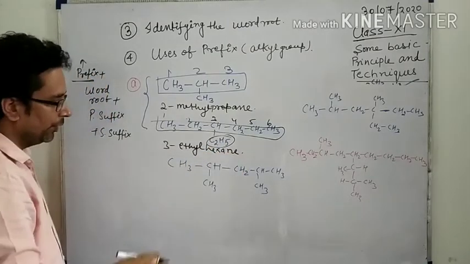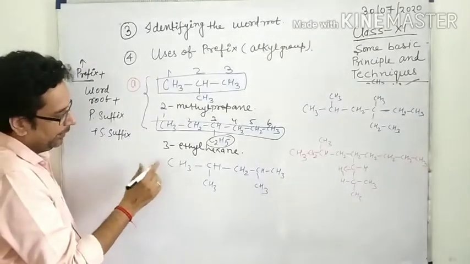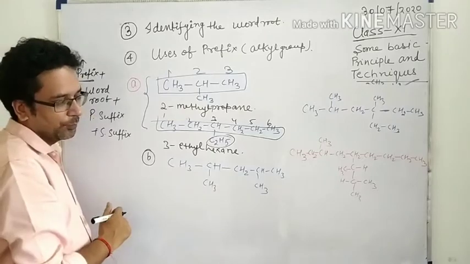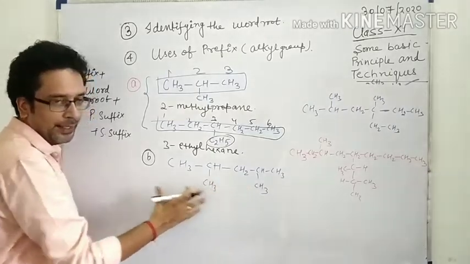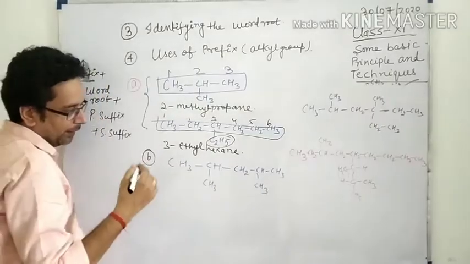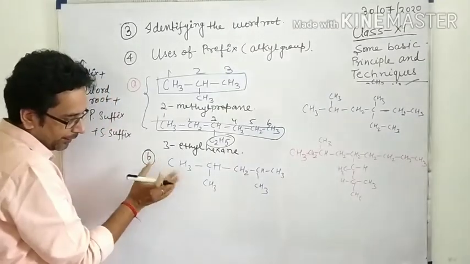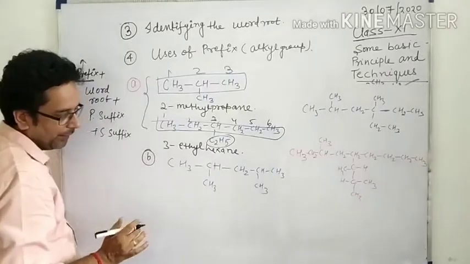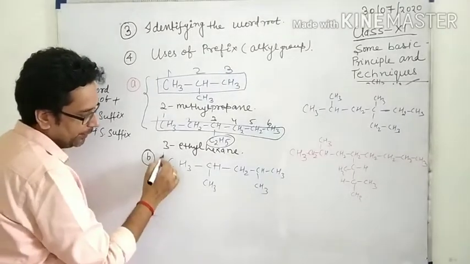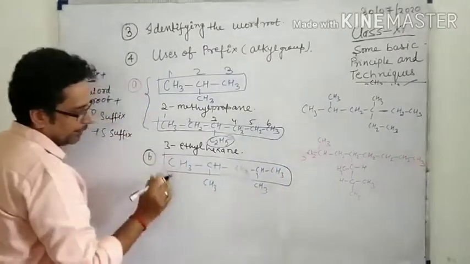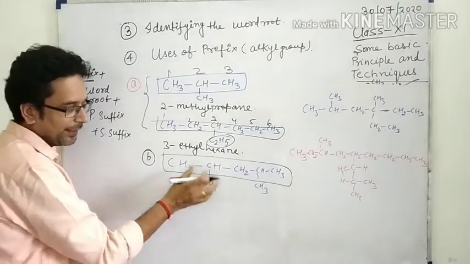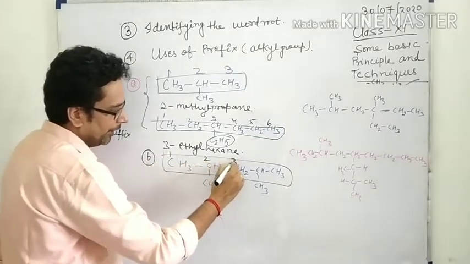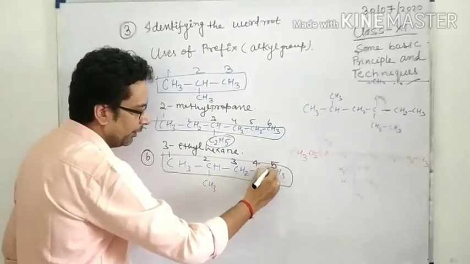Okay, now look here, in this second example there are two similar alkyl groups. If you give the numbering from the left side or the right side, you find that the substituents occur at the same positions. This is the longest chain, and the substituents occur at the second carbon: 1, 2, 3, 4 and 5.